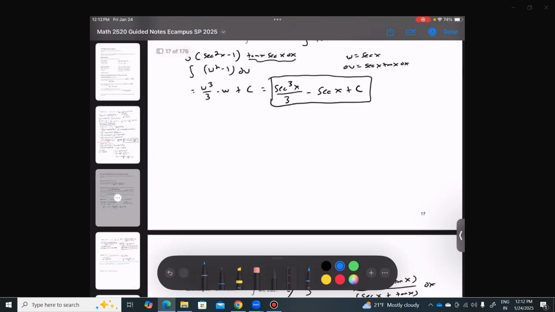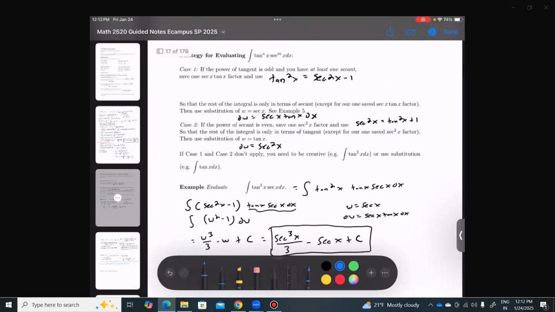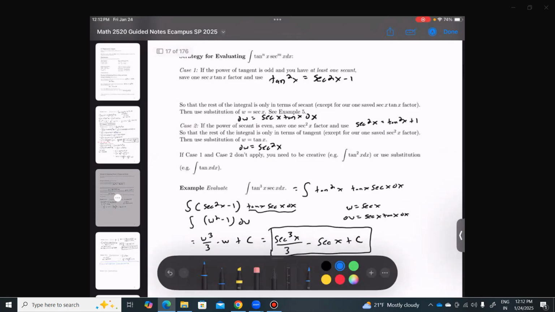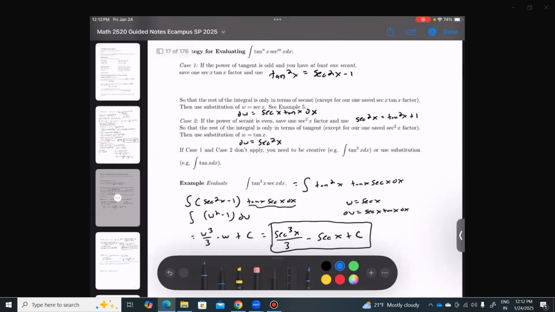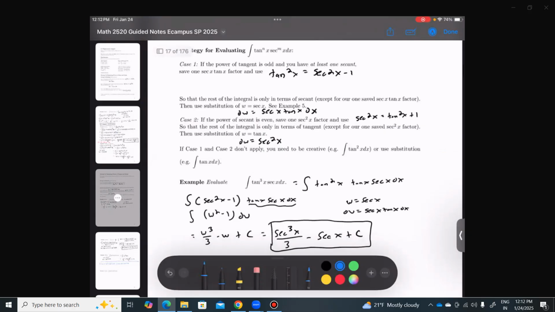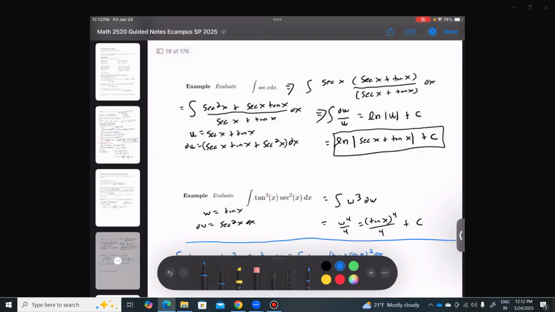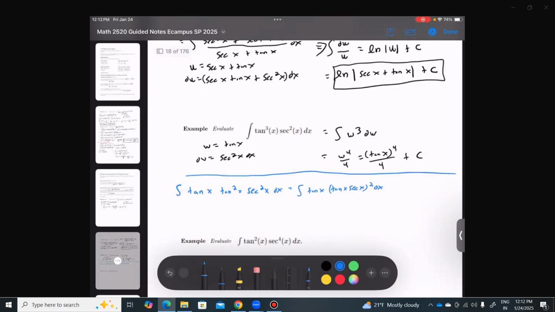And then we're letting w equal secant x, but we don't have a secant x left over. Yeah, you have to save one. So I don't think that will work out. It's not working out that way. So this way is the best for this example.